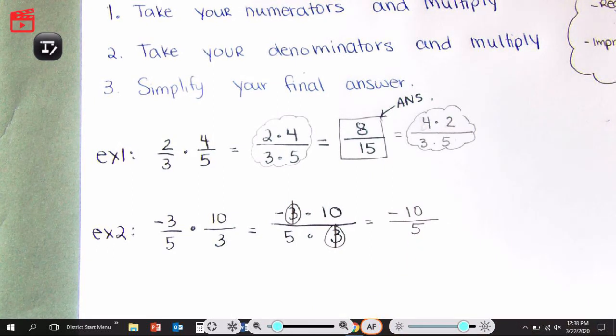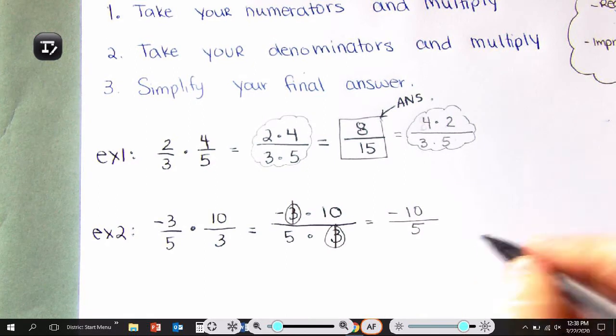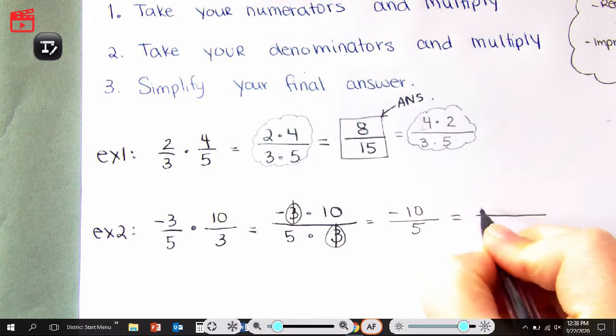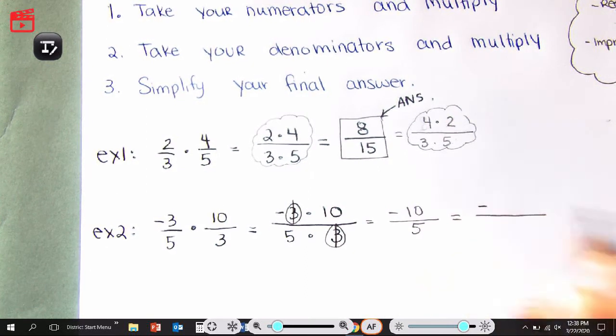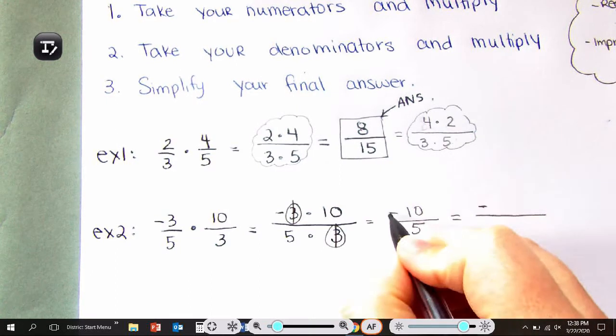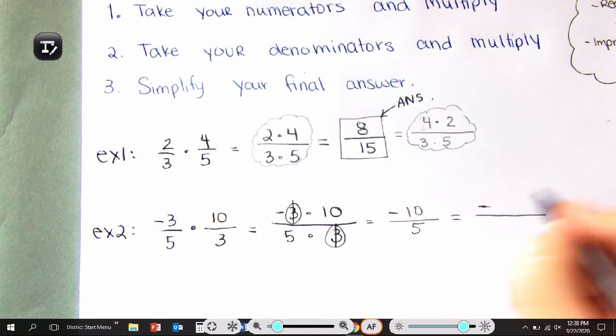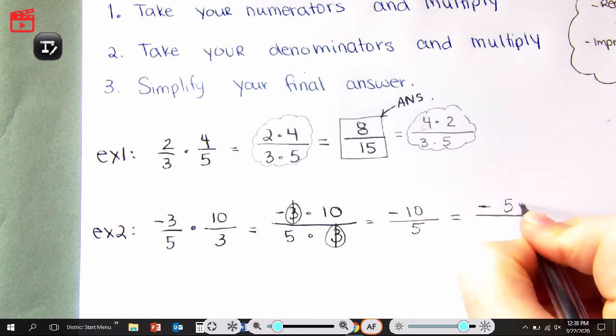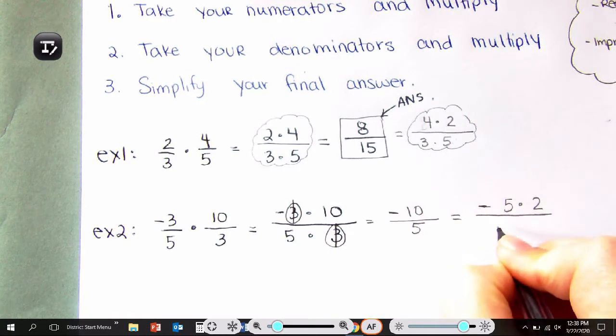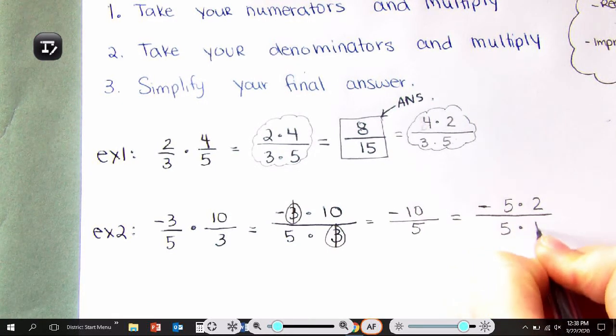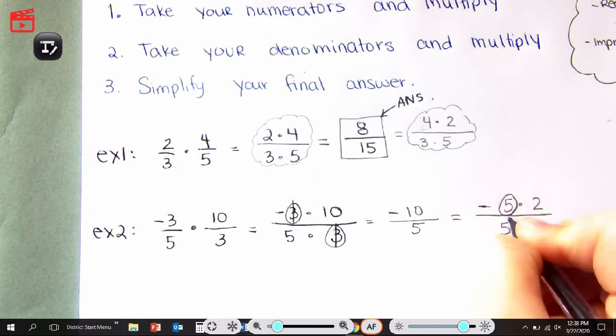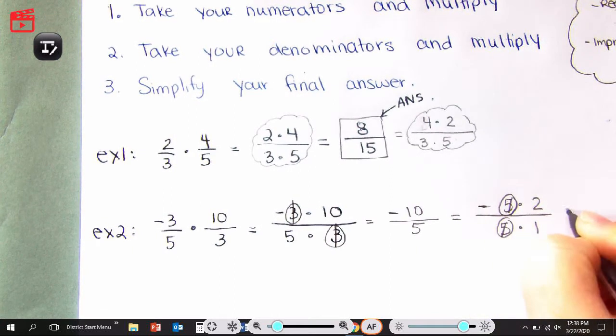So again, continue. I know 10 and 5 can simplify, so I'm going to rewrite 10. Keep that negative just out in front. We have one negative, so I'm just going to write one negative here. The factors of 10 are 5 and 2. The factors of 5 are just 5 and 1. So is there anything that matches? Yes, 5 matches. That goes away. So what am I left over with?